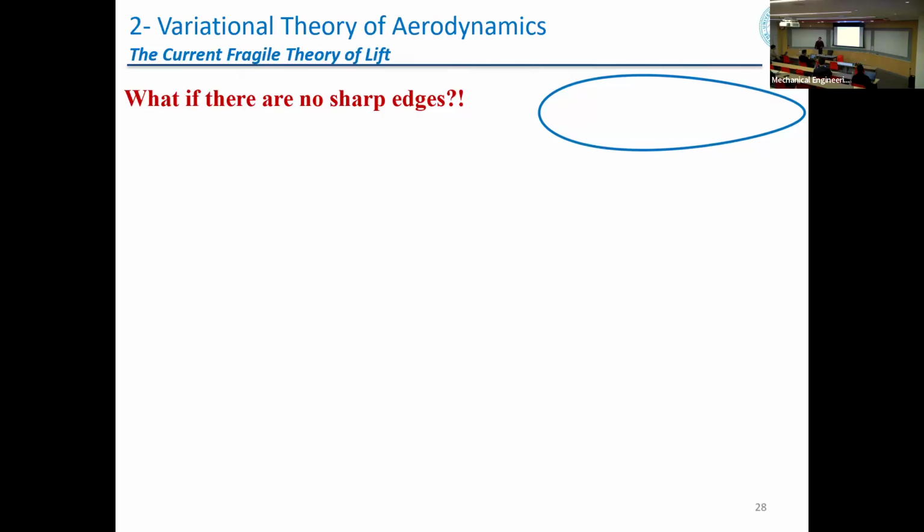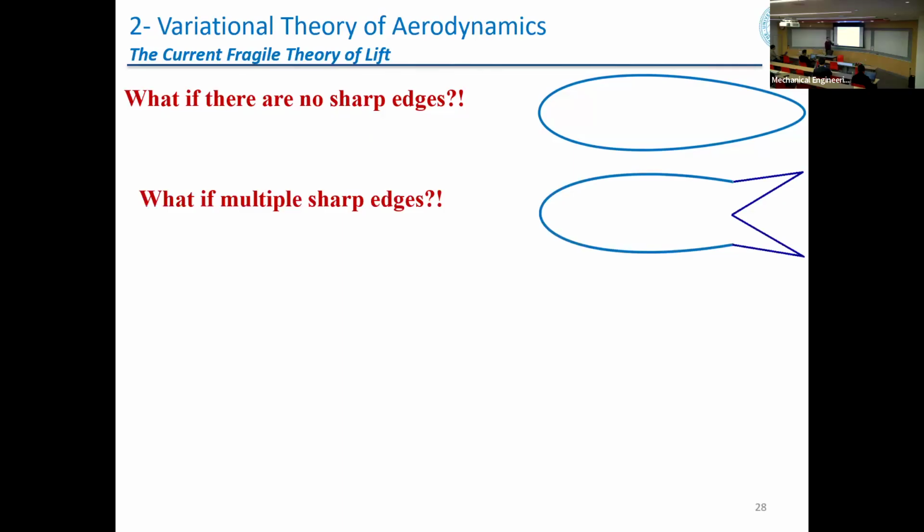So the dominant theory that we teach all over the world and discuss in every single textbook in aerodynamics suddenly collapses. There is no theoretical model that can compute lift over this shape. And not only this shape, what about this shape? We have one smooth solution at this edge, but not necessarily at the other edge, and vice versa. So which solution should we pick?